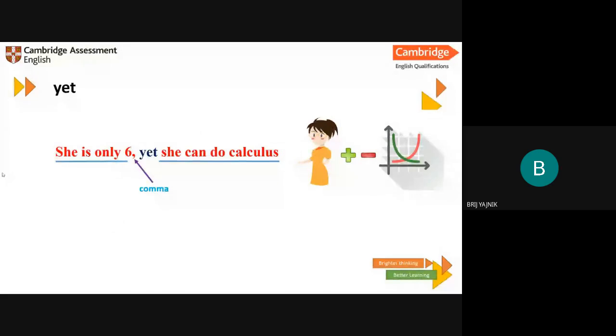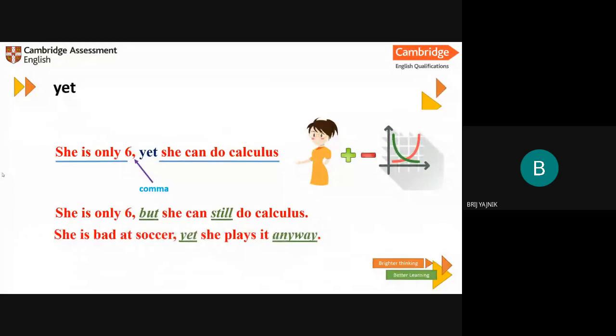But if you remember, just a few minutes ago, we discussed that the word still can be used with the word but. Of course, it can be. There is another word that we can use with but and yet, and that is anyway. Because but and yet have the same meaning, still and anyway are the two words you can use with but or yet.